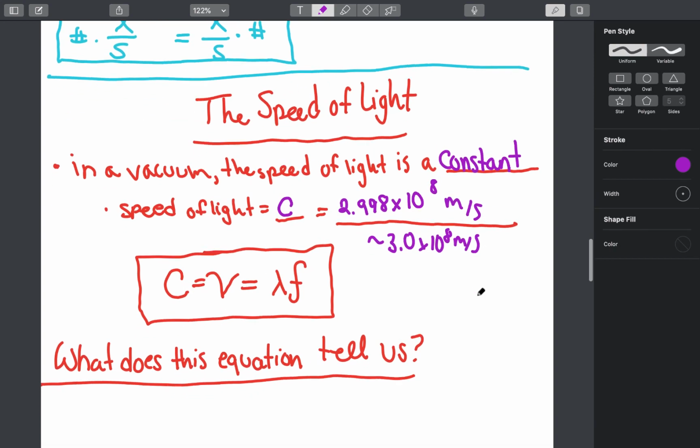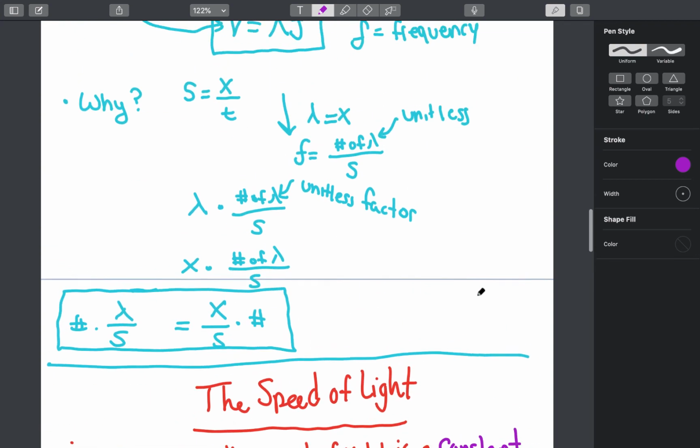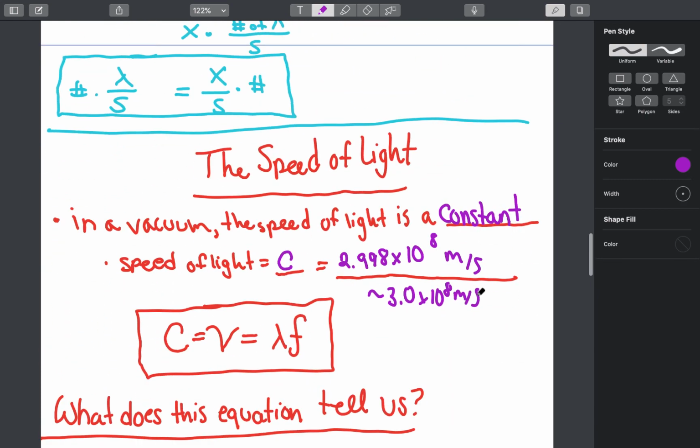Okay, so now we know that the speed of light is a constant in a vacuum. So what does this mean for our equation that we have up here? Well, this means that the propagation speed, so remember that this is the propagation speed. Since the speed of light is constant, its propagation speed is constant. Therefore, for light we can set this mu equal to c.